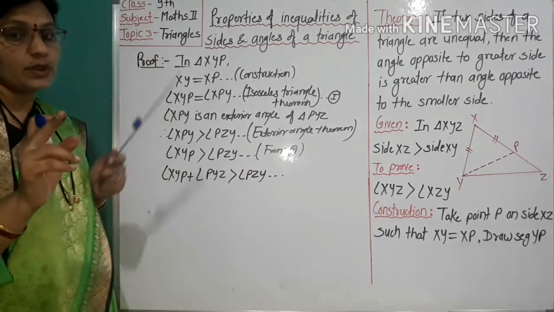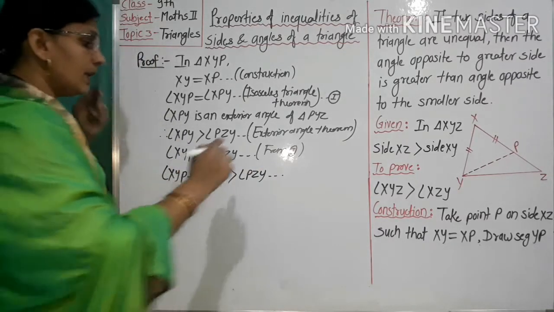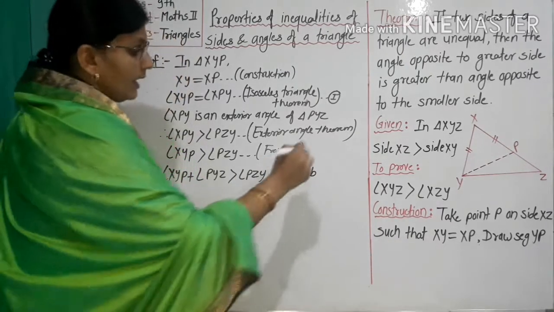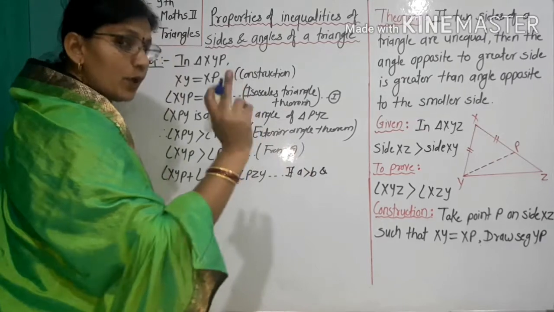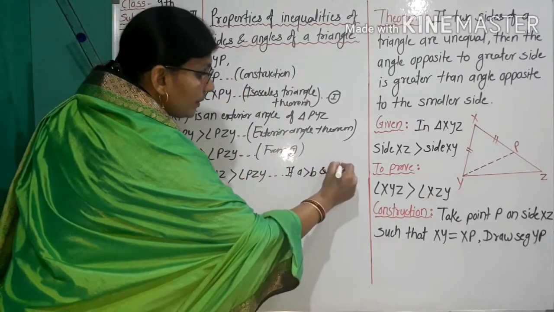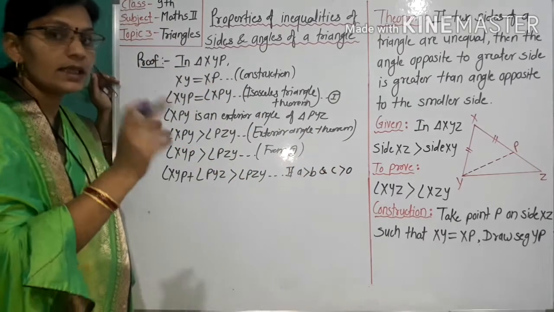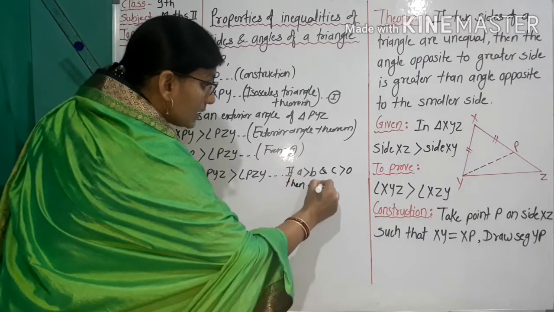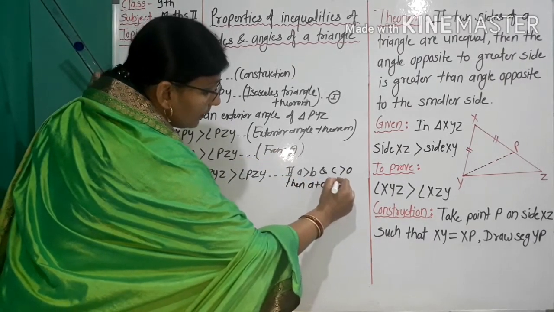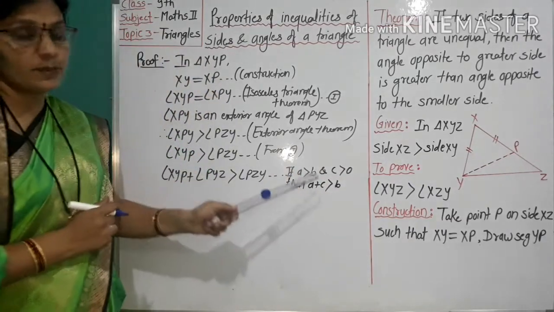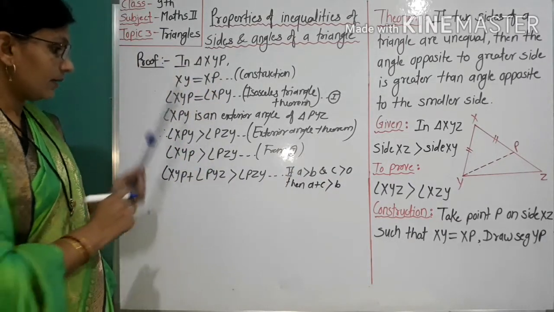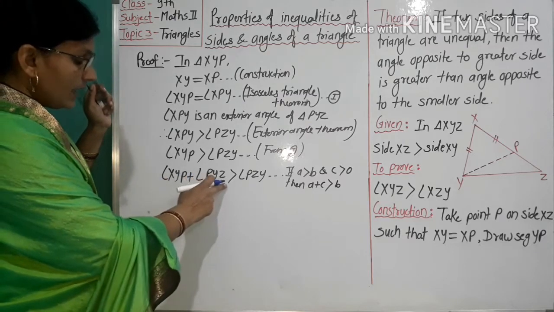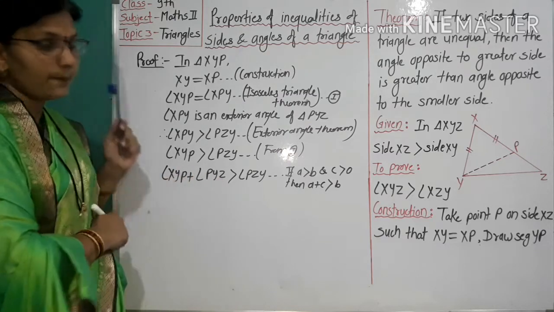Reason: suppose there are two numbers A and B, such that A is greater than B, and there is any positive number C, meaning C is greater than 0. Then A plus C is also greater than B, by using this property. Here we add this angle PYZ to angle XYP.